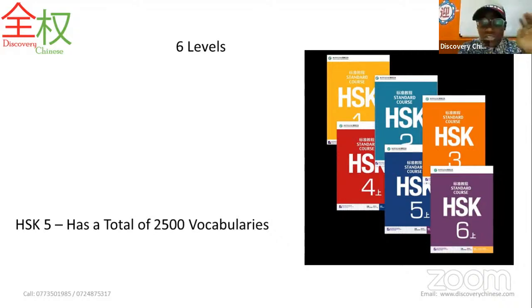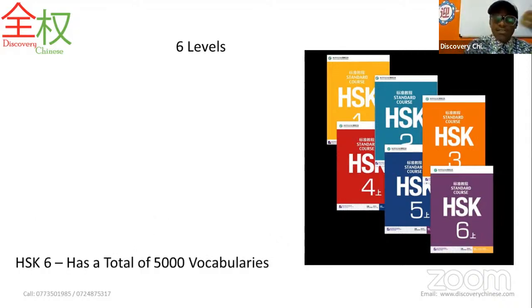By this time, Chinese should not be giving you much problem. Of course, it's more complex, but you learn more in-depth, more mature stuff. So you gather more than 2,500 vocabularies, and by the time you finish level 6.